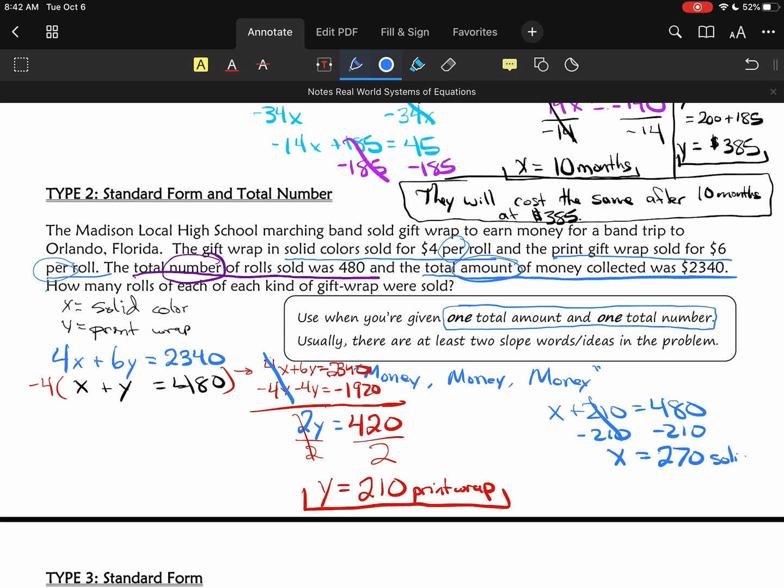So that would be the solid wrap, right? So to write my sentence, we would say they sold 270 solid color and 210 print gift wraps.